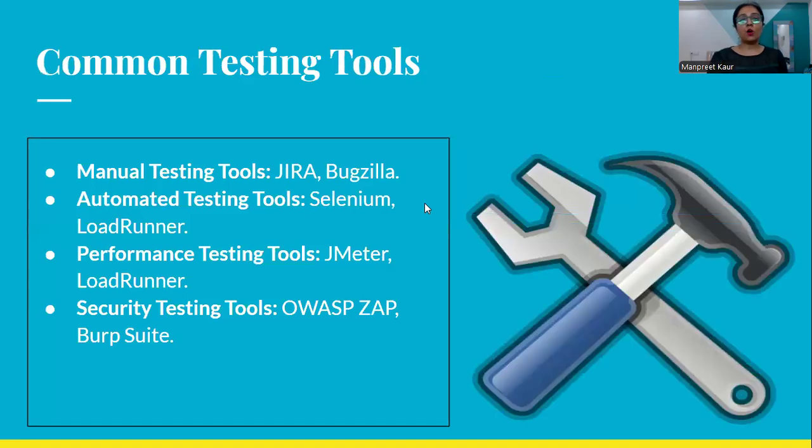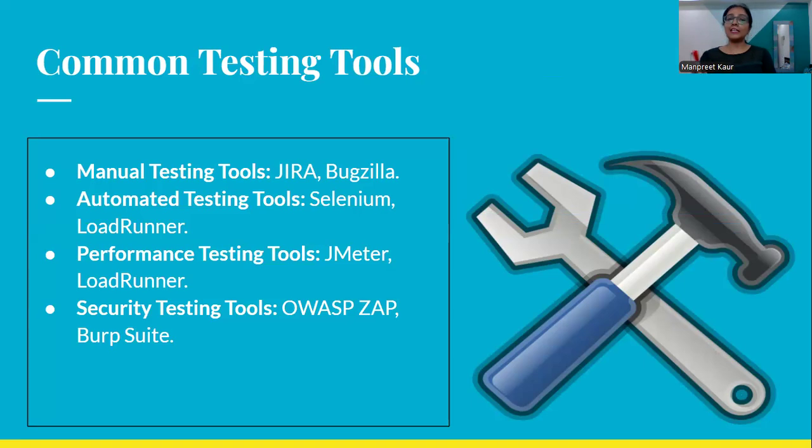And these are some common testing tools. While doing manual testing, we use the ticketing system Jira. That is not an actual testing tool, but we use Jira while doing manual testing, and even automation testing. And for automation, we have Selenium, LoadRunner, Provar, and then there is the performance testing tool, JMeter.